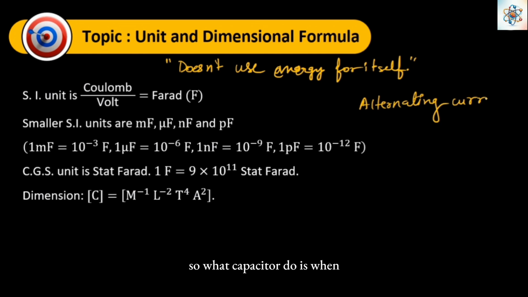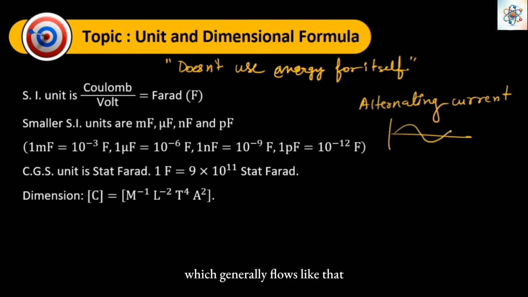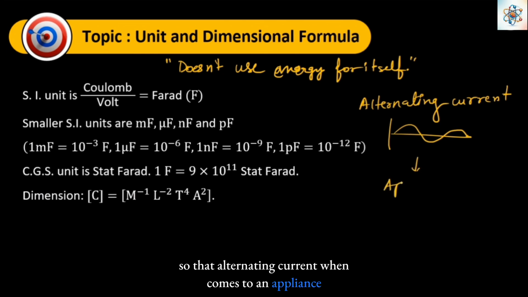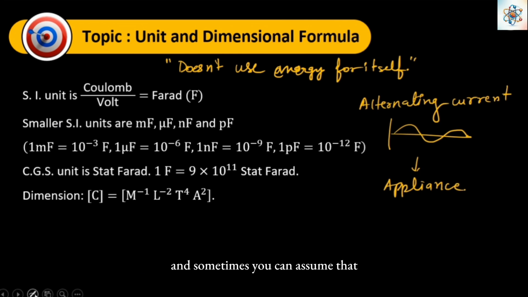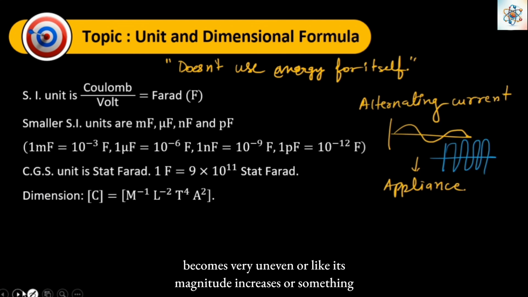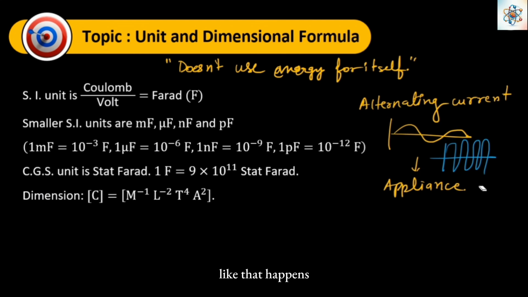So what the capacitor does is, suppose that alternating current generally flows like that. When that alternating current comes to an appliance, sometimes the wave it is carrying becomes very uneven, or its magnitude increases, or something like that happens.